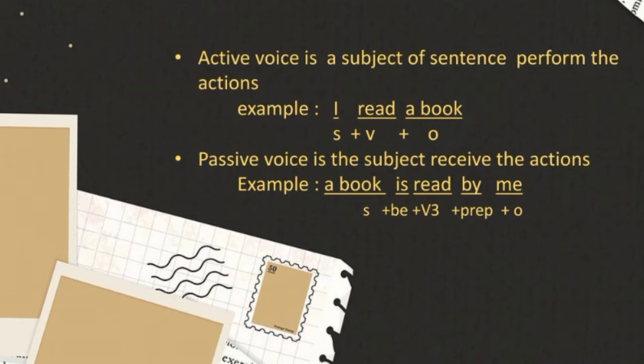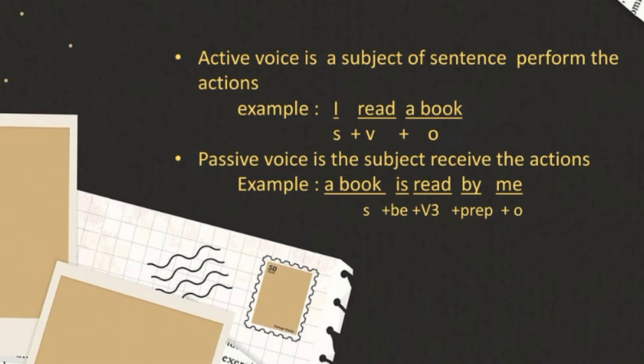And after that, we have to add the preposition, that is by. Yes, by. For example, if in active voice it is "I read a book", when we change to passive voice, the book is read by me.